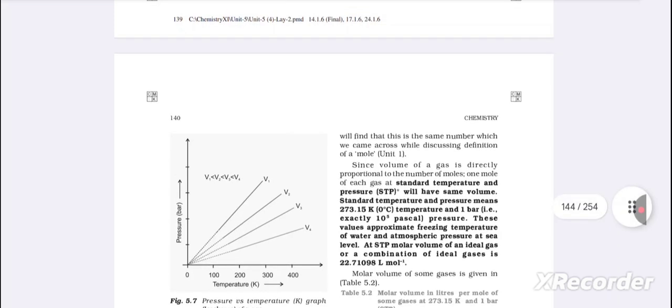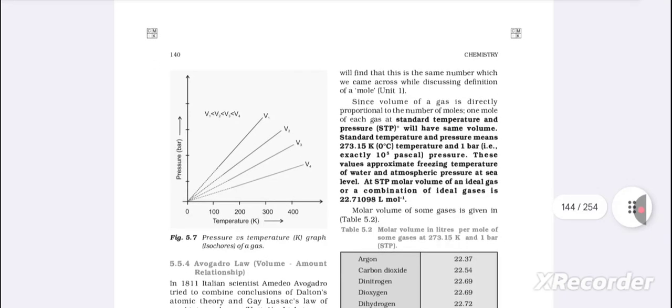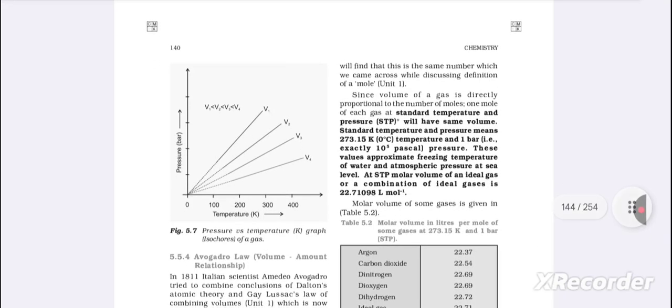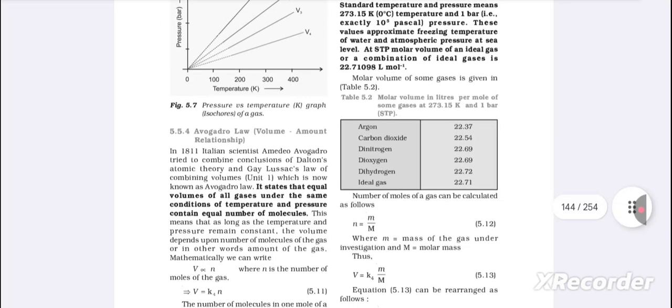These values approximate the freezing temperature of water and atmospheric pressure at sea level. At STP, the molar volume of an ideal gas or a combination of ideal gases is 22.71098 liter per mole. Molar volumes of some gases are given in table 5.2.